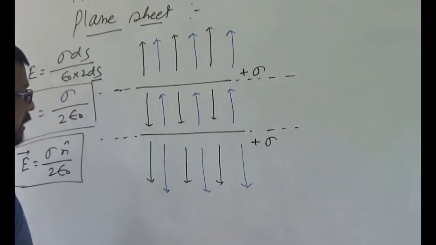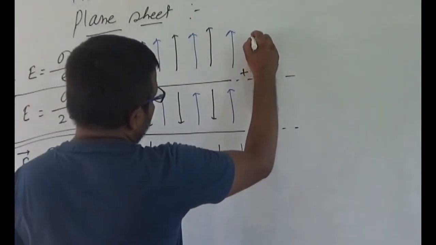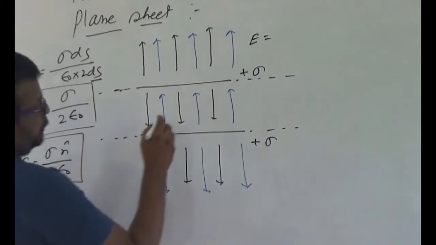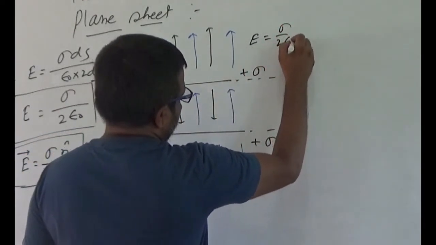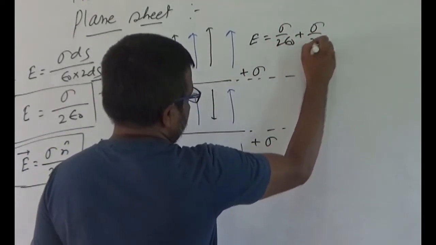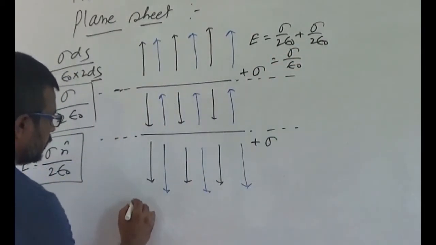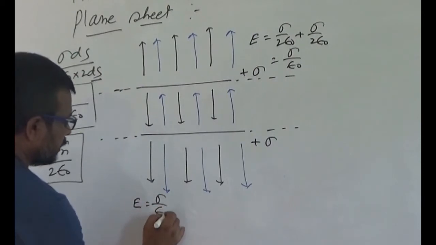In this region, the field lines are headed in the same direction. That means in this region, the field will be E equals sigma by 2 epsilon 0 plus sigma by 2 epsilon 0, that means sigma by epsilon 0. Here also, E will be sigma by epsilon 0.